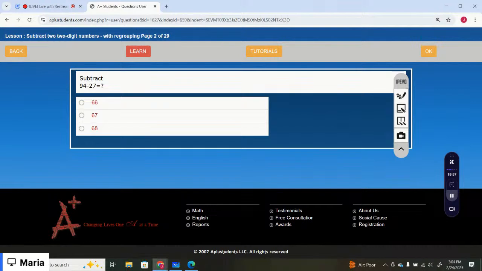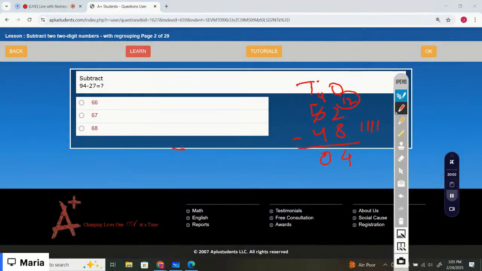The next one is 94 take away 27. So start subtracting from the ones digit. You have 4 take away 7. You cannot because 4 is smaller than 7. So you need to borrow 1. Have 8 here and the borrow makes it 14.